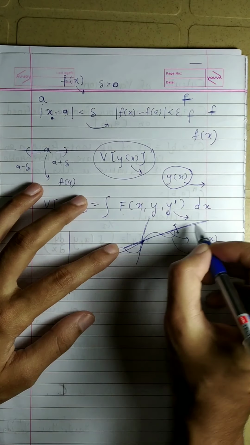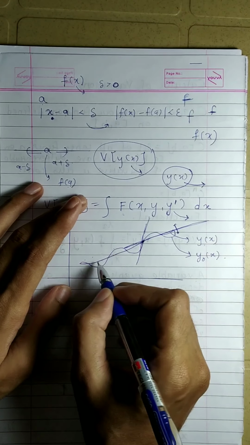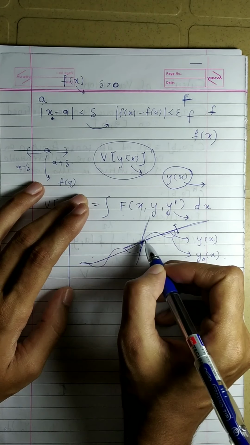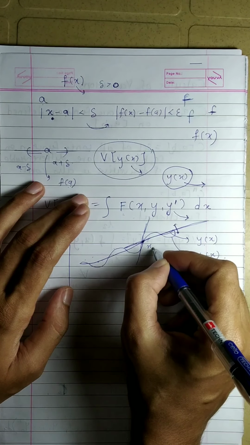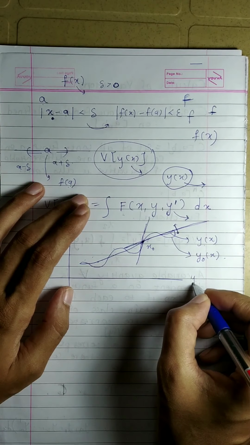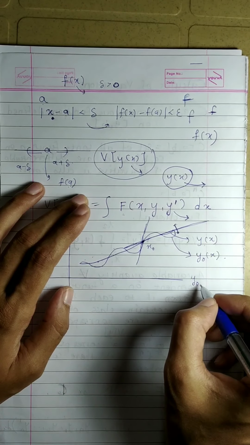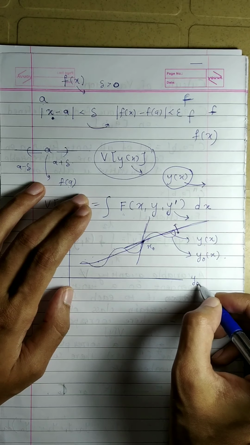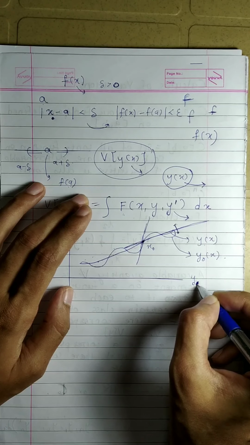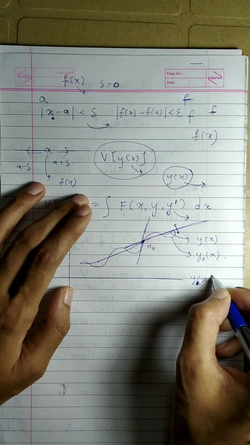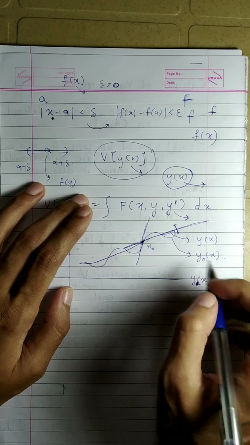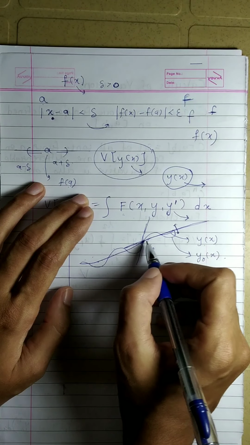When I talk about the tangent, okay, for this curve y of x, at the point, let's call this point as x naught, what will be the slope?